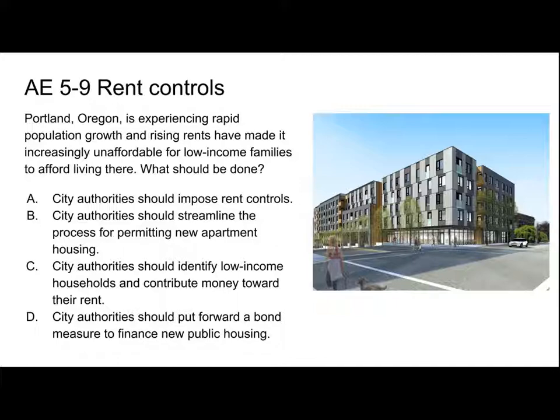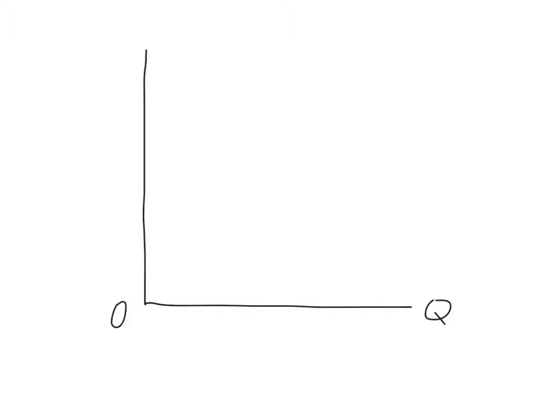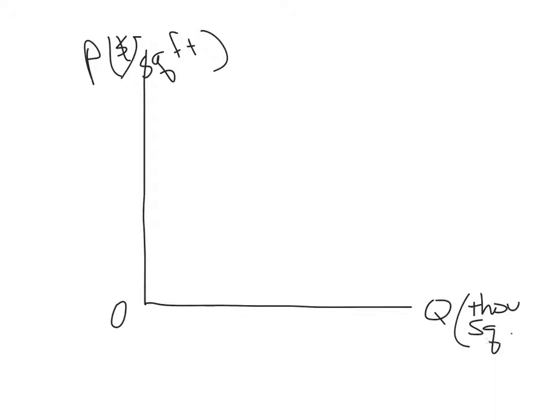City authorities should impose rent controls. We'd analyze this by means of the supply and demand framework just for the market. The market analysis gets at the most important dollars per square foot, the units of price, and then say thousands of square feet per month.